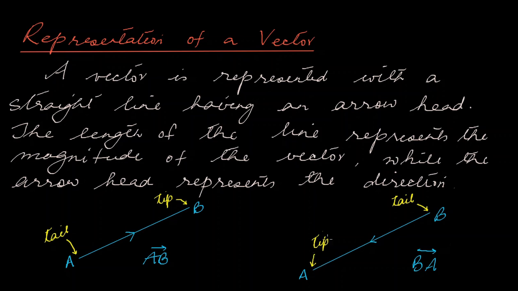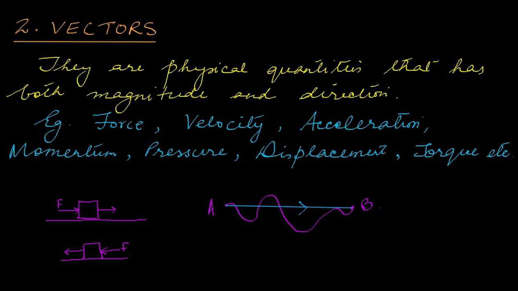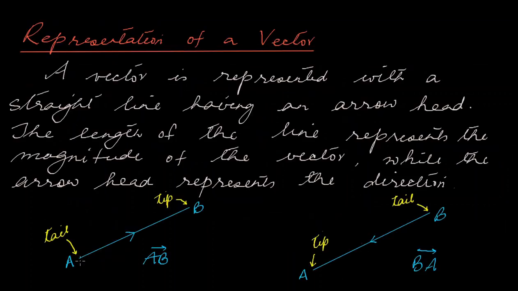That means all these quantities, force, velocity, acceleration, momentum, pressure, etc., can be pictorially represented by a straight line having an arrowhead.